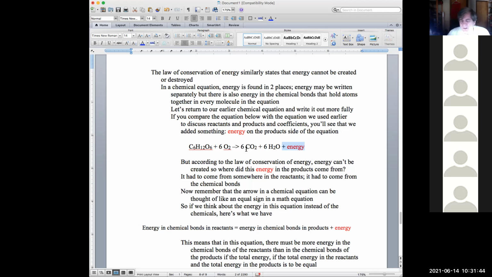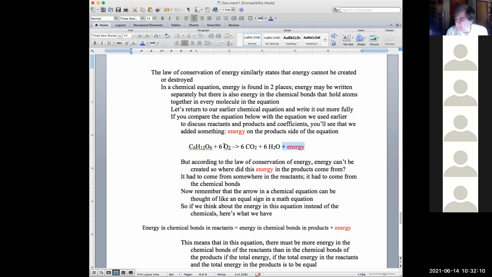Atoms are constantly in movement. They're always bouncing around and they bounce in all different directions. So when we make a chemical bond that connects one oxygen atom to another oxygen atom, we restrict their movement because they're attached to each other. They have to move together now. Well, since we're restricting their movement, that takes some energy.